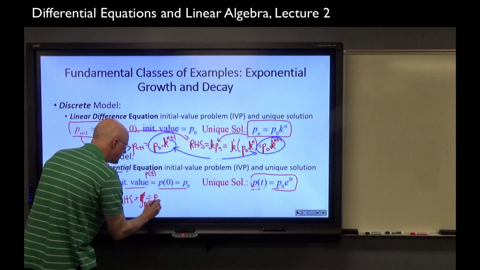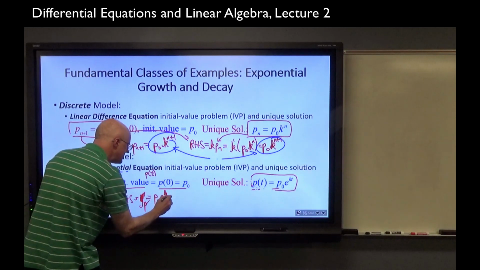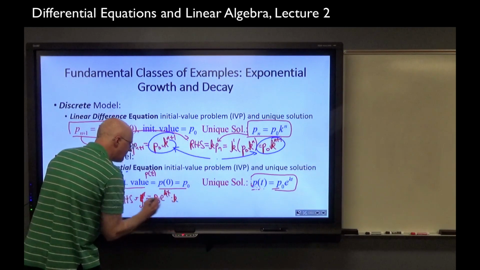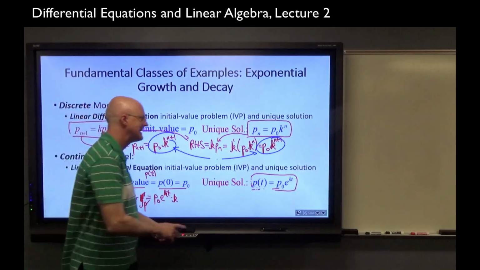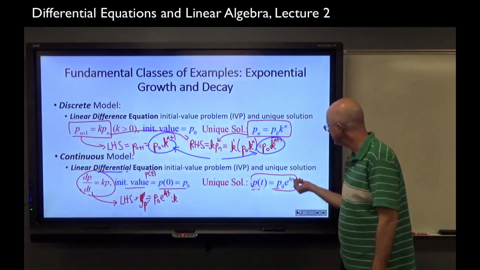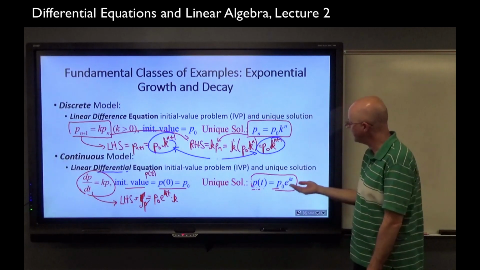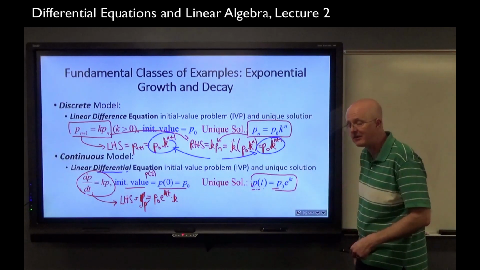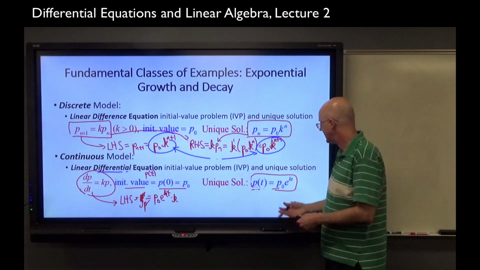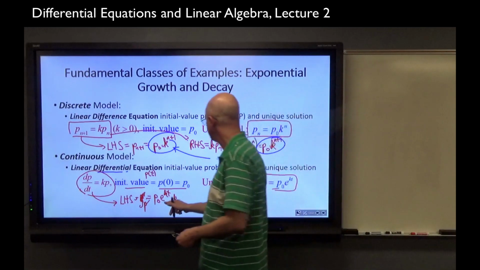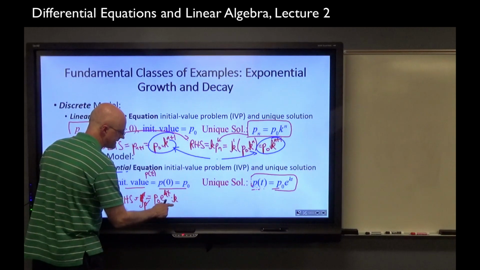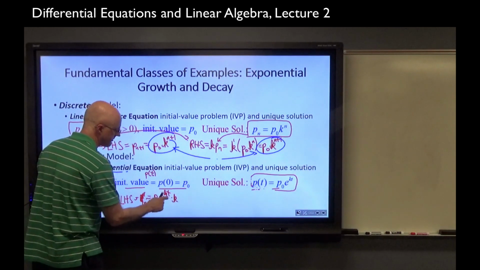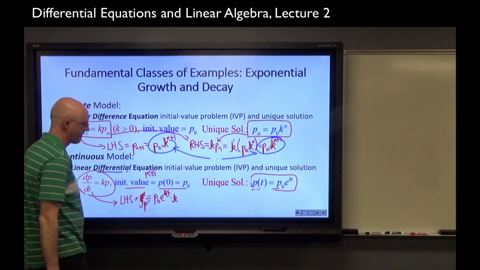So by the chain rule, I get an extra factor of k, where I take the derivative of the inside function here. It's a composition. k times t is the inside function. P0 times e to the, call it x, is the outside function. Chain rule says take the derivative of the outside, which is this, plug in the inside, which is k times t, then multiply times the derivative of the inside. k is a constant. The derivative of this with respect to t is just k.